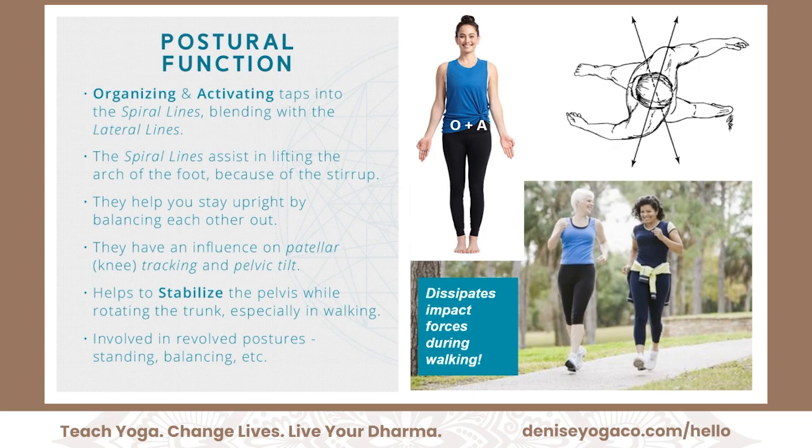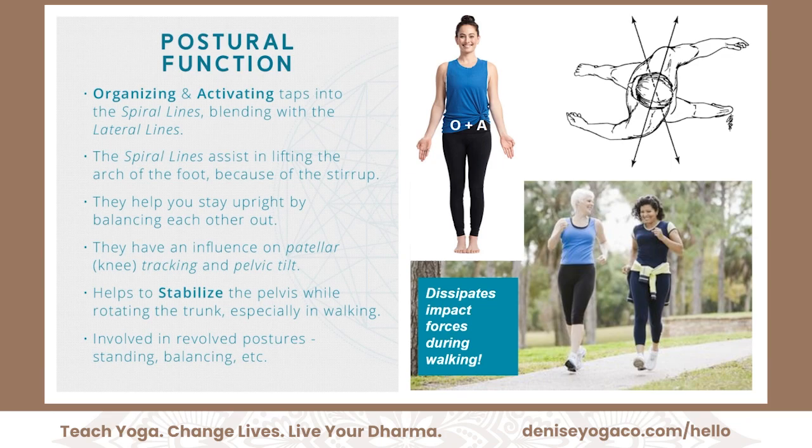But in the comfort of your own home, you can play with, well, what if I walk with my pelvis really stiff? What does that do to my walking mechanics? What if I let my hips sway from side to side? What else happens when I do that? You can see how everything affects everything else, as we know. And what's the real role of the lateral lines in channeling my movement forward and keeping it nice and efficient?